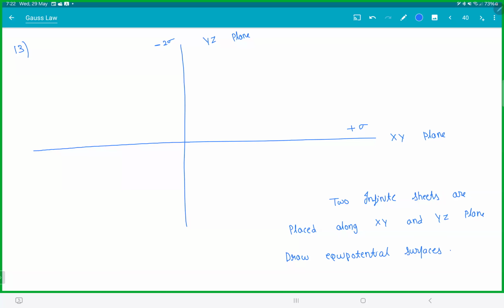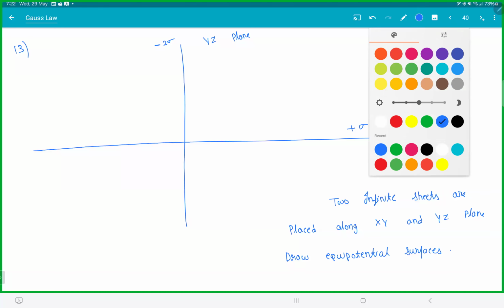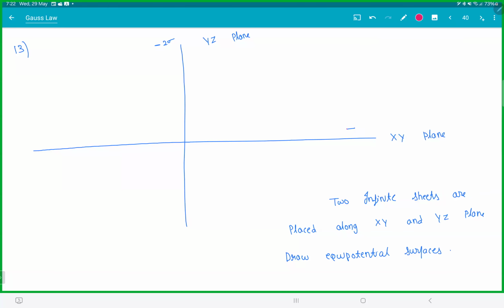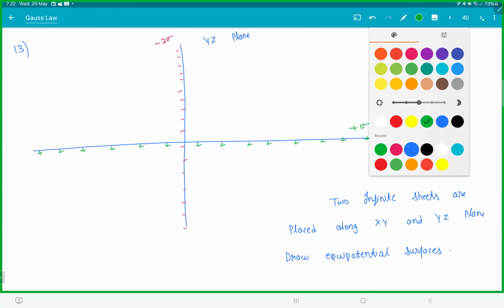The yz plane is the negative charge. Let me mark it with a different color. So this is plus sigma, and this one is minus 2 sigma. You're getting how it is?